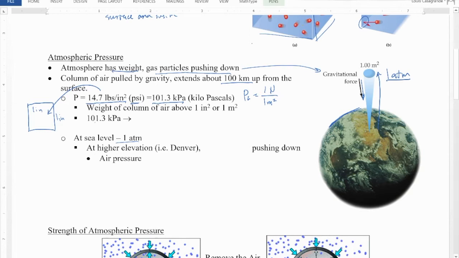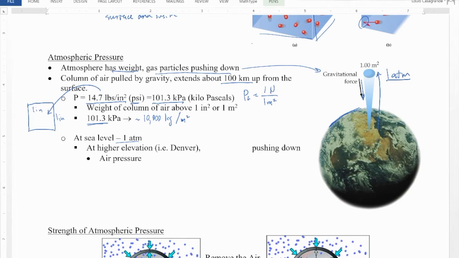This unit, 101.3 kilopascals, if you convert that to a mass, turns out to be about 10,000 kilograms on every square meter. Now, how big is a square meter?